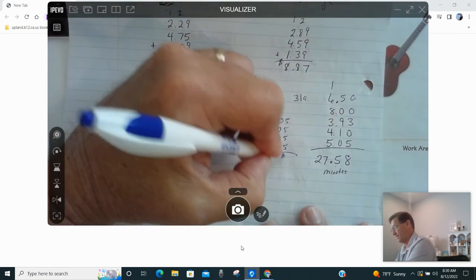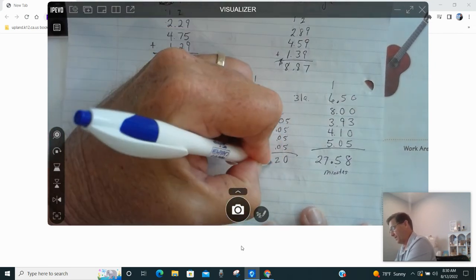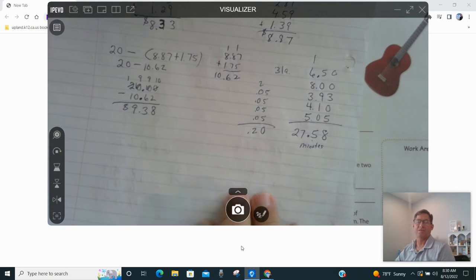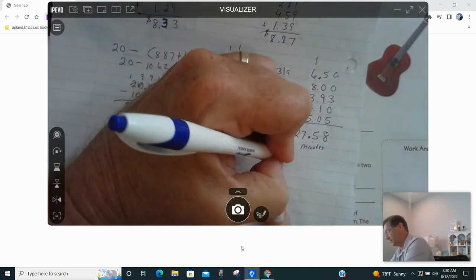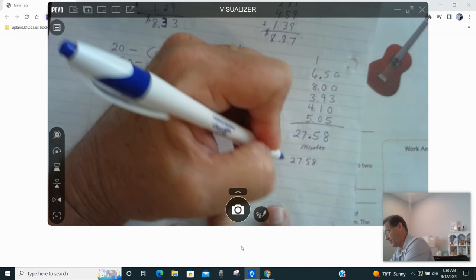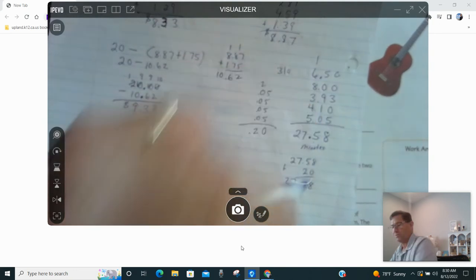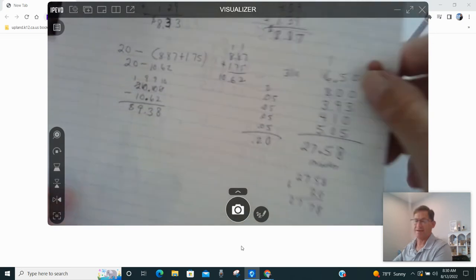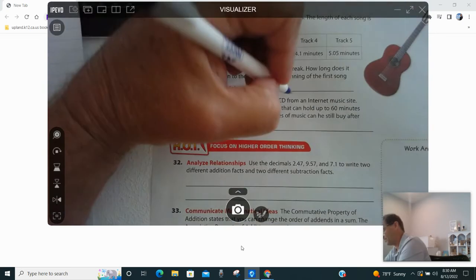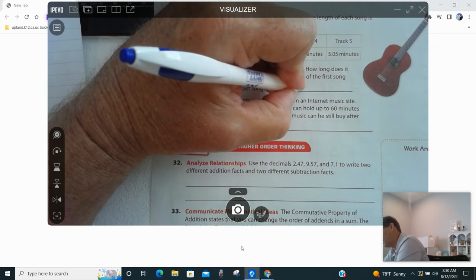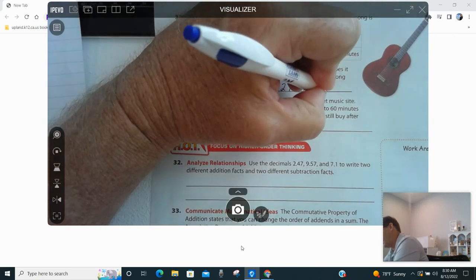So 5, 10, 15, 20. So we have to add 20/100th of a minute to the 27 and 58/100th minutes. So we're going to have 27 and 78/100th minutes from the beginning to the end.